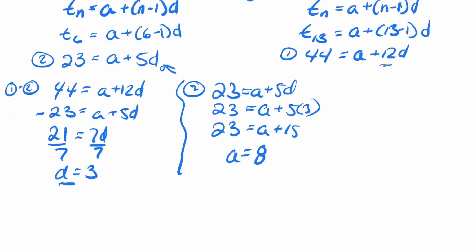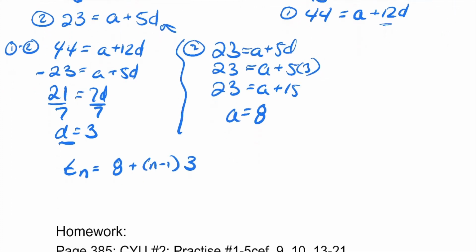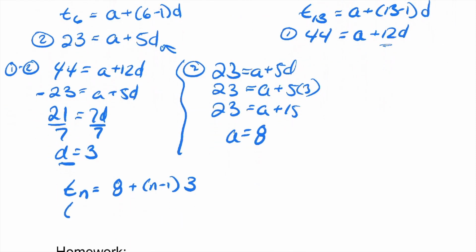From all that, we have a general term. We can determine that T of n is 8 plus n minus 1 times 3, because that's my common difference. And now I can figure out what T of 99 is. T of 99 is 8 plus 99 minus 1 times 3.